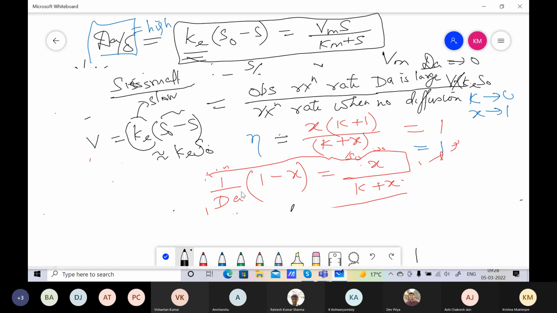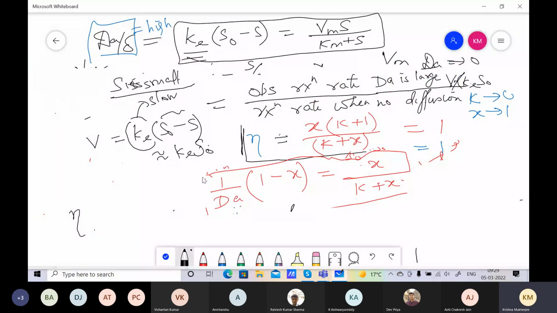Now tell me what will happen to the efficiency. We derived the efficiency, and this was the expression that we got, right? You derive this in terms of dA. Now you have the expression for dA, and you have the expression for efficiency in kappa and this.